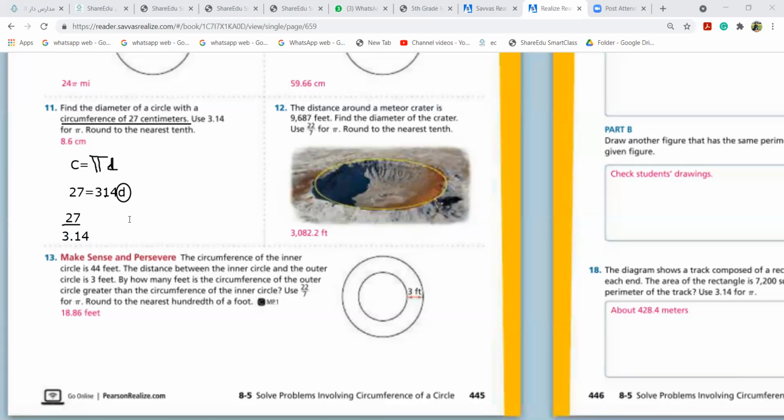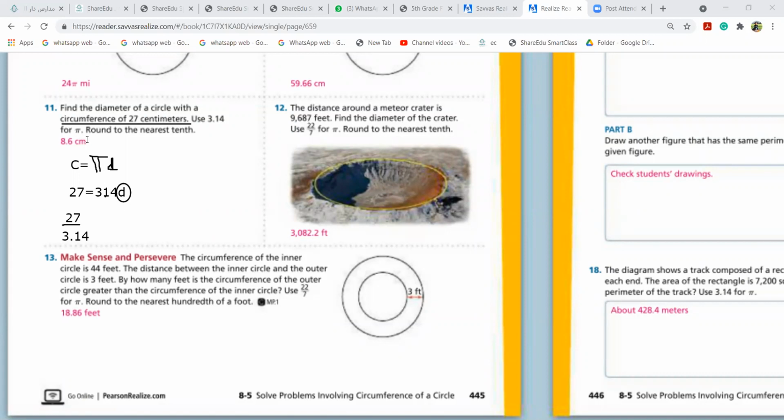So what is 27 over 3.14? Can you calculate and tell me? 27 divided by 3.14, I got it as 8.59.